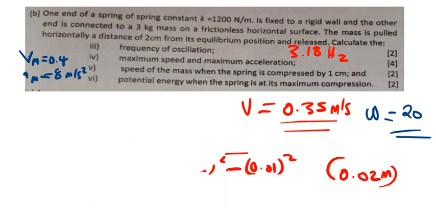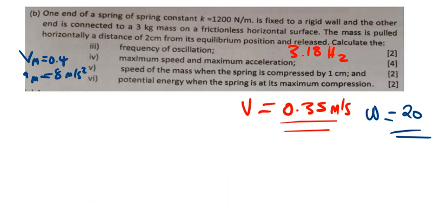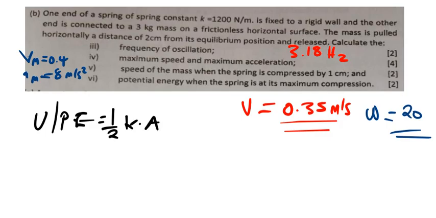The last one is asking us to find the potential energy of the spring at its compression. The potential energy is called U or PE, and you know that it is half k multiplied by A squared.